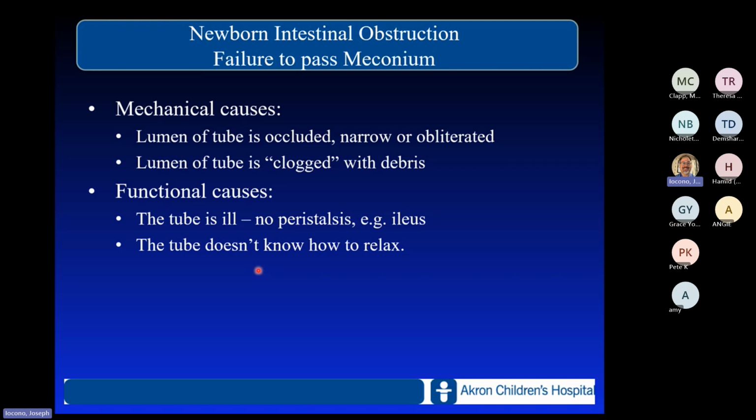And then we're going to do this by age. So newborn is sometimes either failed to pass meconium or they start vomiting green stuff. And say, think about what's going on. Is the lumen or the pipe clogged, occluded, narrowed, or not there? Or it just doesn't work?